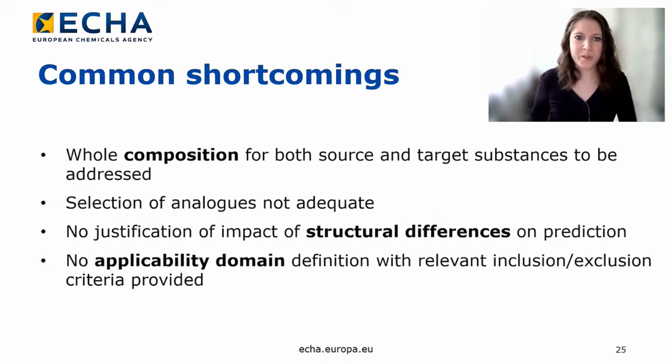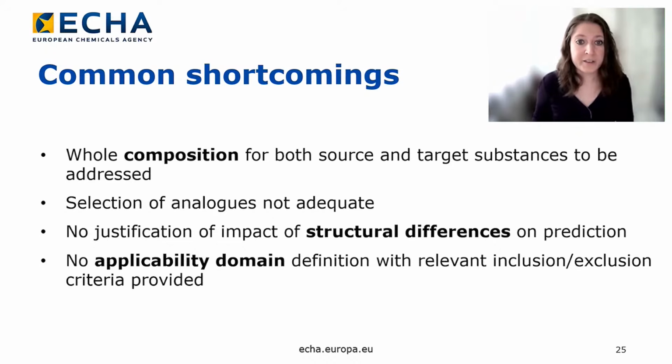Common shortcomings in read-across submissions using the toolbox. The whole composition for both source and target substances needs to be addressed. As already mentioned, there are the constituents, impurities, and additives where applicable. And sometimes we see wrong or not representative structures used to run the search for analogs, which then gives obviously not adequate analogs.